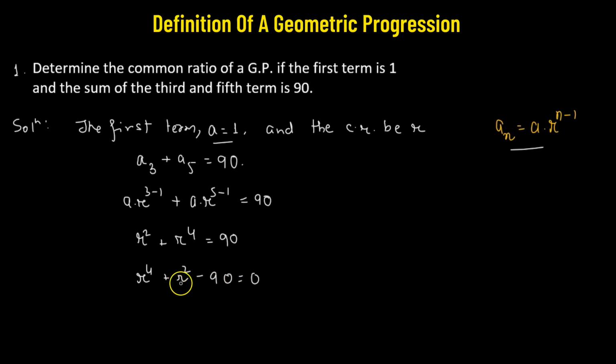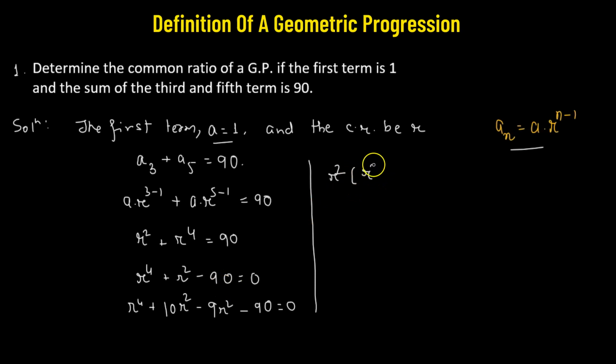Now this is a biquadratic equation, so we can find out the value of r by factorizing it to get r raised to the power of 4 plus 10r squared minus 9r squared minus 90. So that means we will now have r squared as the common factor if we combine the first term and the second term. Then within the parentheses, we're going to get r squared plus 10.